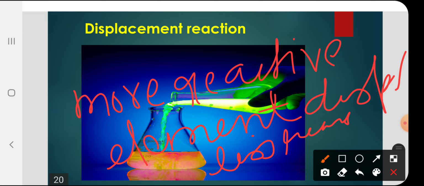A displacement reaction is one where a more reactive metal will displace a less reactive metal from a compound or its salt solution. Now here you see that we are taking magnesium and copper sulfate, and when this magnesium reacts with copper sulfate, after the reaction magnesium takes the position of copper, and copper gets displaced by magnesium because magnesium is more reactive than copper.